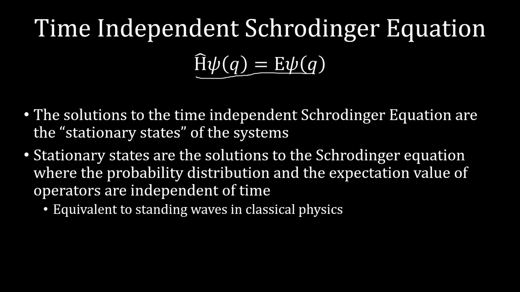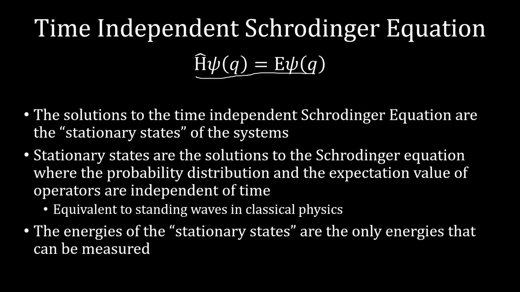Again, probability distribution and expectation values do not change with time. They're fixed. And the energies of the stationary states are the only energies that can be measured. Again, that comes from our time-independent Schrodinger equation being an eigenvalue relationship, just like those we talked about with the third postulate of quantum mechanics.